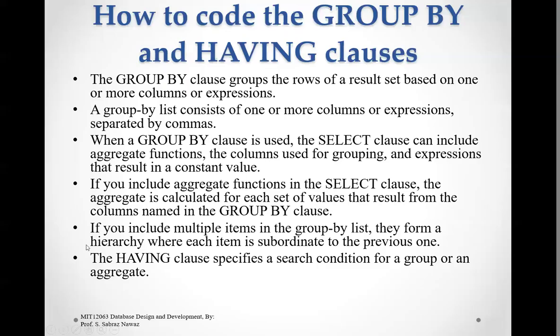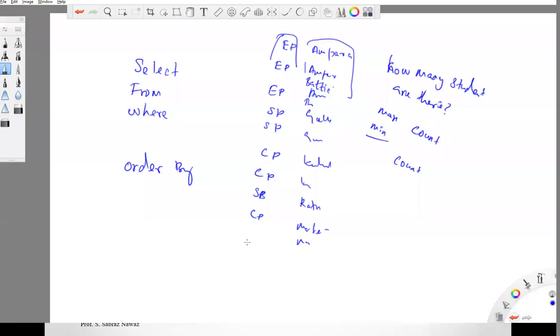If you include multiple items in the group by list, they form a hierarchy where each item is subordinate to the previous one. So here, if you say group by vendor state, vendor city, first it will group by states.